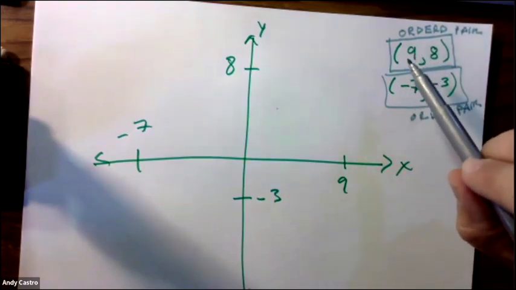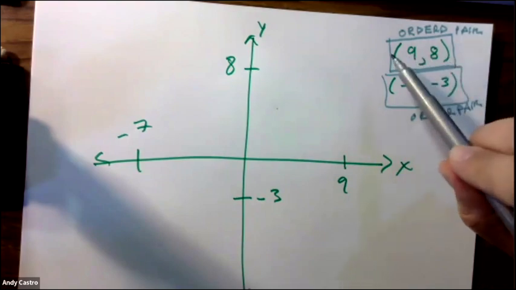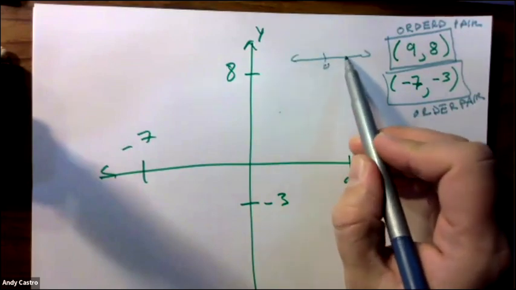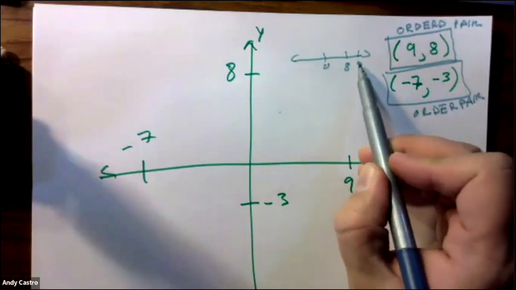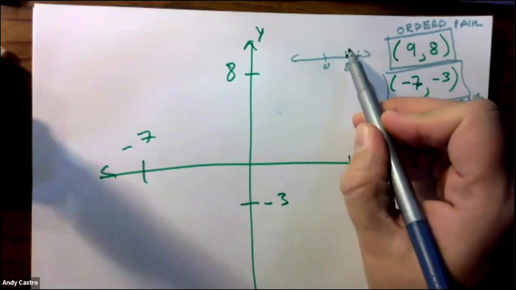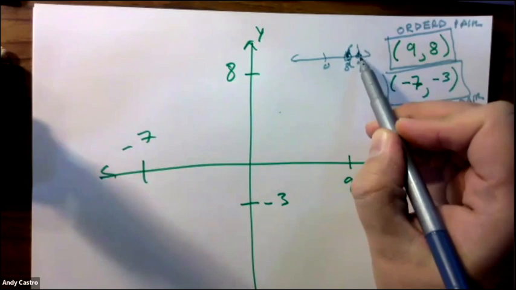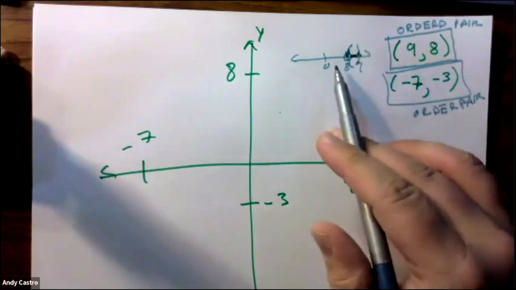What you're used to seeing, if I were to write something like 9, 8, you're used to seeing the number 8 and 9, and then open circles at 8 and 9, and everything in between them.